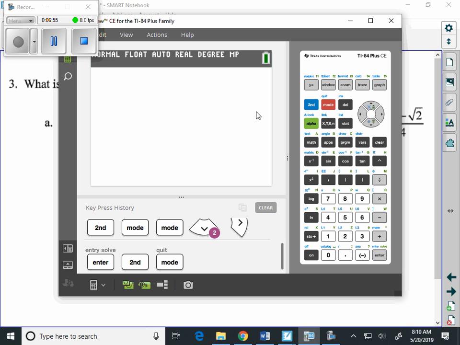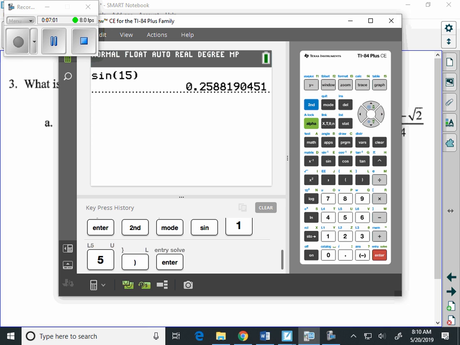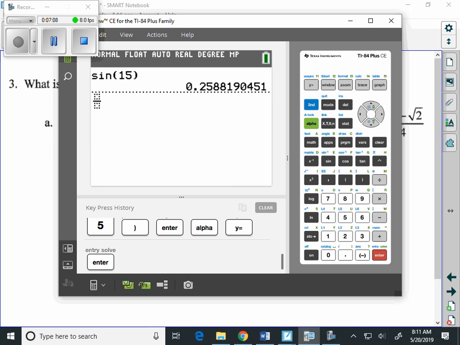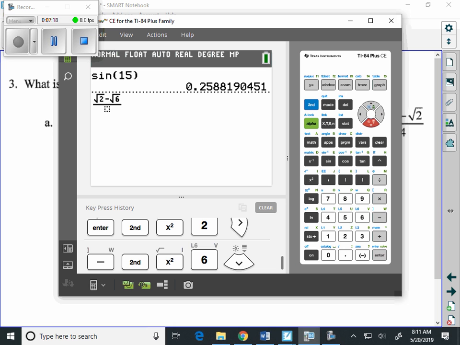And what we're going to look at here is, what's the sine of 15? And it gives us that decimal there. And then we're going to type in the rest. So I'm going to use my fraction button, alpha y equals, enter. And our first value is the square root of 2 minus the square root of 6, all divided by 4.